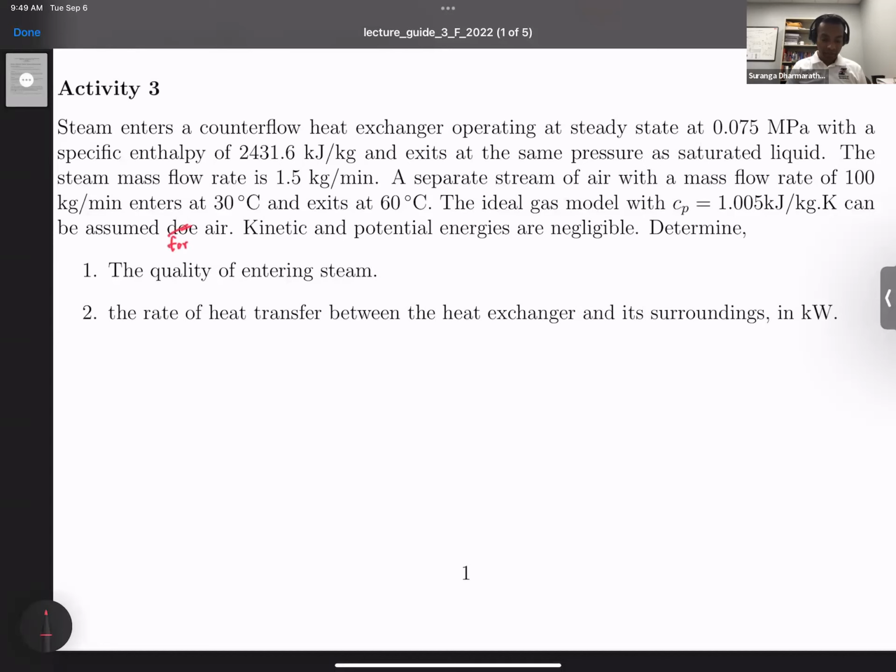Kinetic and potential energies are negligible. Determine the quality of entering steam, that's the X value of the steam, and the rate of heat transfer between the heat exchanger and its surroundings. So that's Q dot for the heat exchanger. So let's see how to proceed.